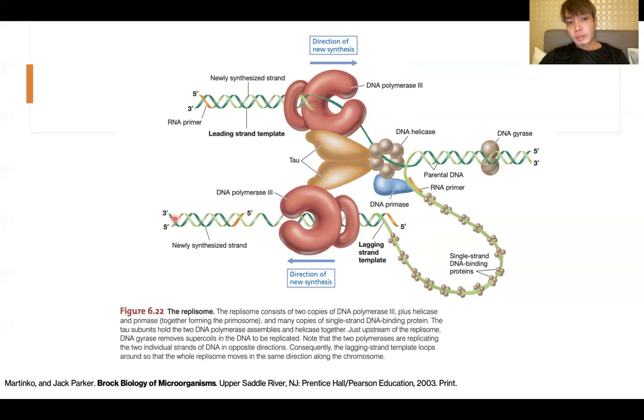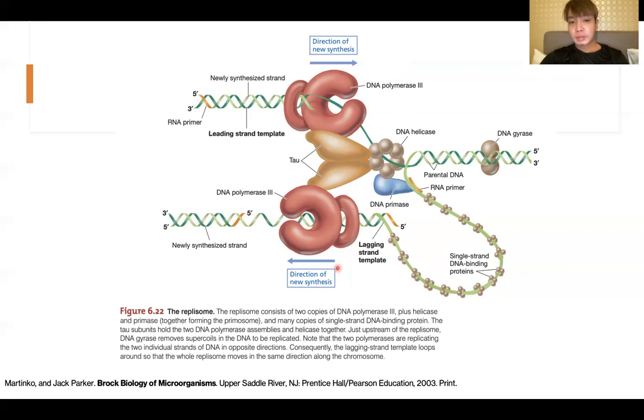So, paano kaya makakapaglagay ng growing strand ng tuloy-tuloy? Ito yung 5 to 3, 3 to 5, 3 to 5, at yung 5 ay phosphate group. Hindi kayo makapaglagay ng growing DNA kung yung last part is phosphate. So therefore, pabaligtad siya.